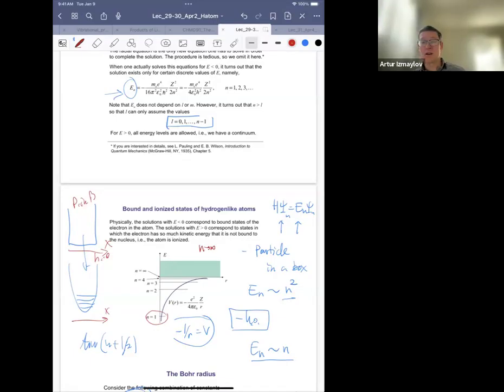Let's see if you remember our discussion before. What is physically... It's the ground state. Ground state. Okay. Ground state is the state that is the lowest in energy, right?